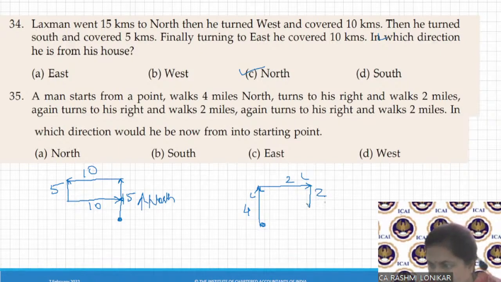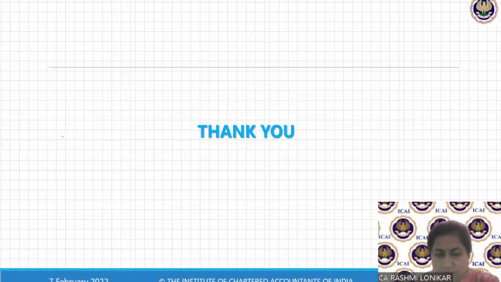Then again to his right and walks 2 miles. In which direction would he be from the starting point? So this is his starting point and he is now here. Which direction is this? This is north. So A is the correct answer. Okay. So that's all we have for today.